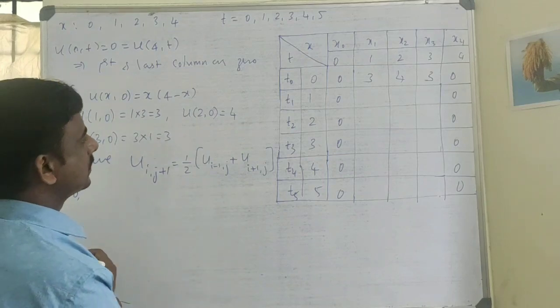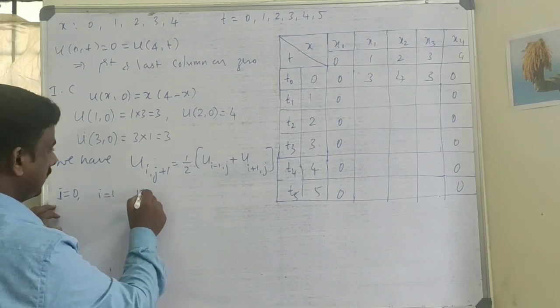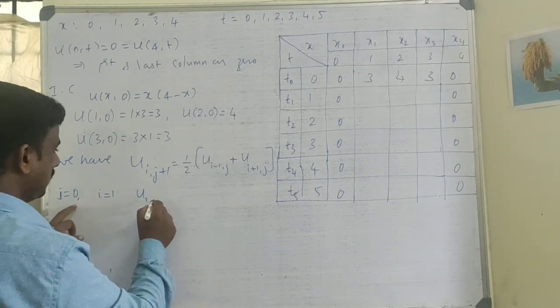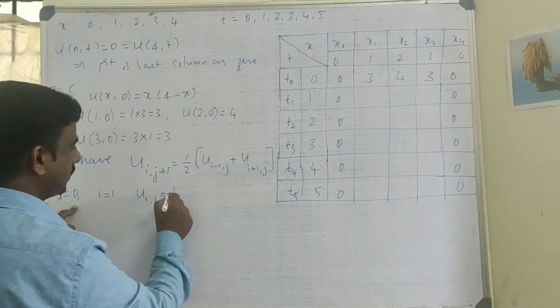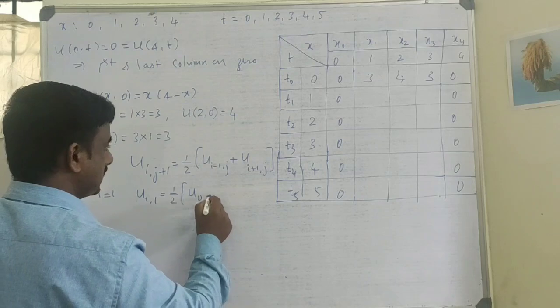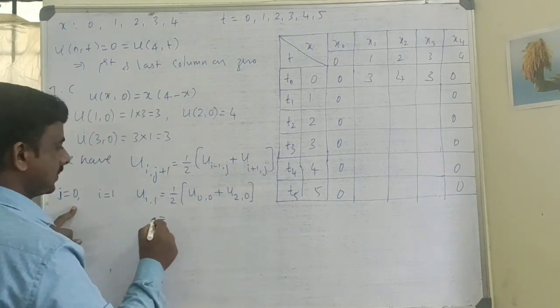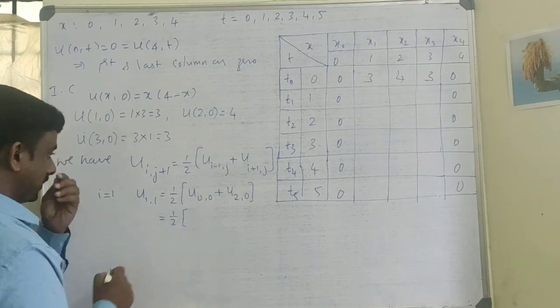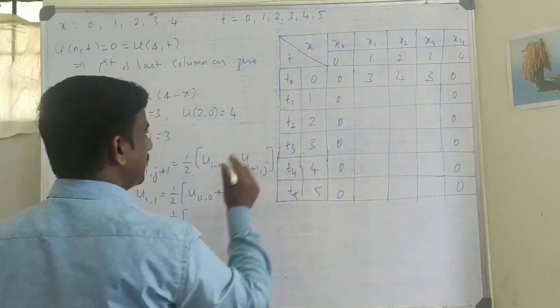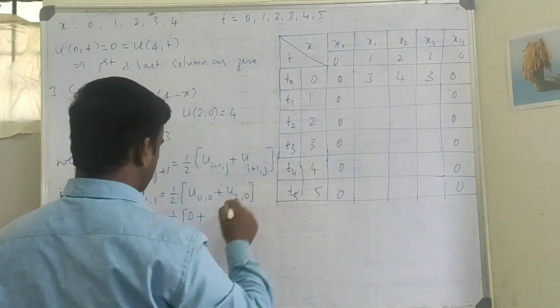I take j equal to 0 and fix i equal to 1. I will get u(1,1) = 1/2 [u(0,0) + u(2,0)]. What is u(0,0)? u(0,0) is 0, plus u(2,0), which is 4.